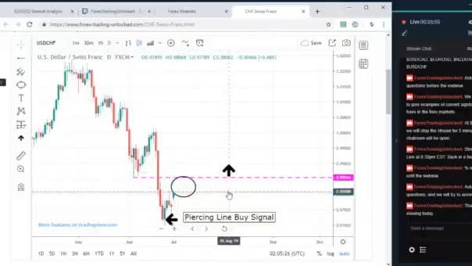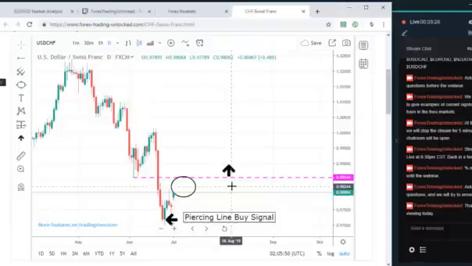Now, when it comes to these patterns, something to take into account is that sometimes they are just the beginning of a corrective move, like right now, which is shaping out to be. The market could continue lower over the next few months, the next few years. This could still be the middle of a major wave down.